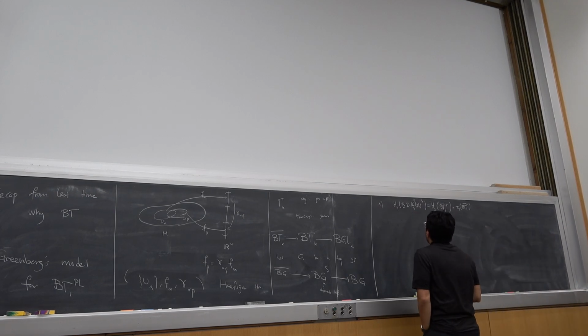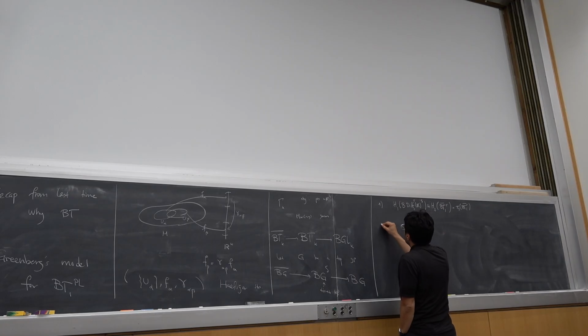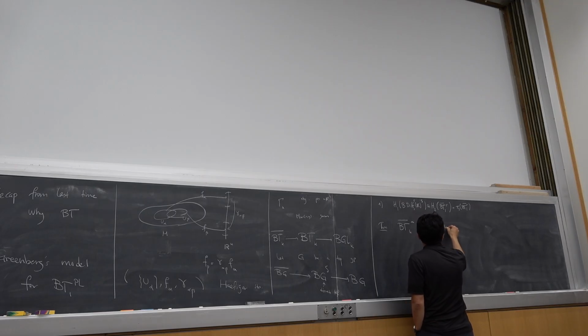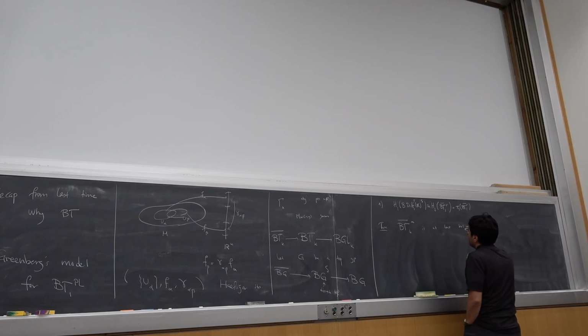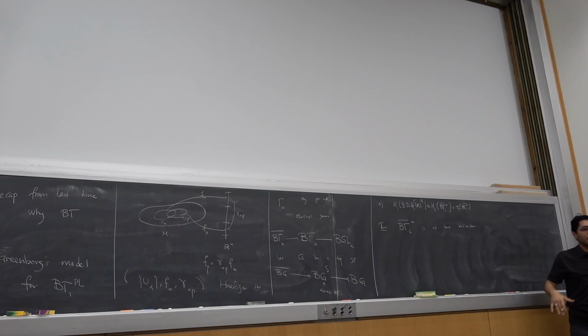Okay? And so one theorem due to Thurston was that B Gamma_k^infinity, or C^infinity, bar is at least k plus 1 connected. So the homotopy groups up to k plus 1 vanish.